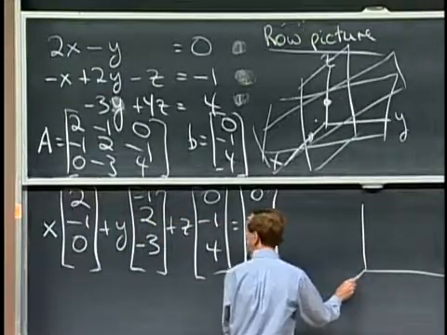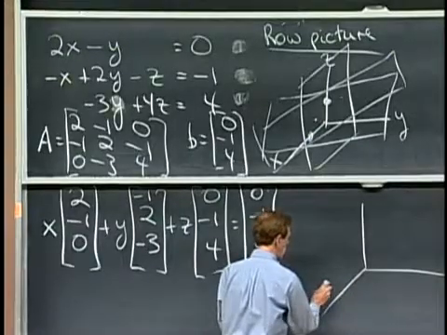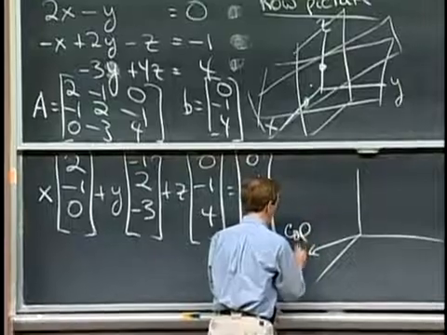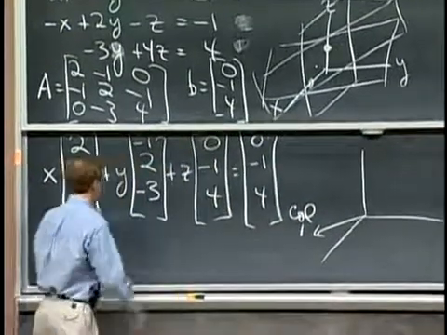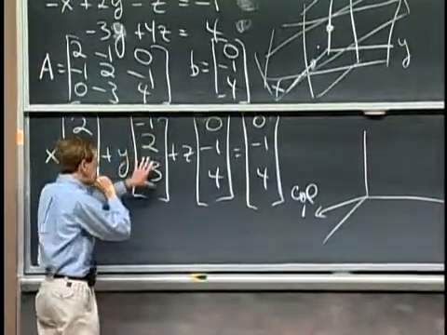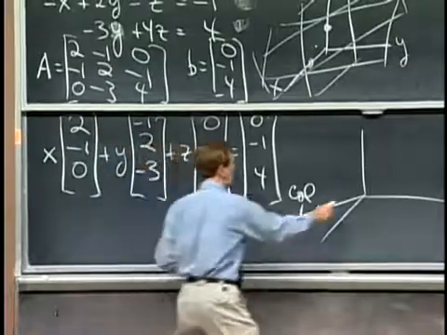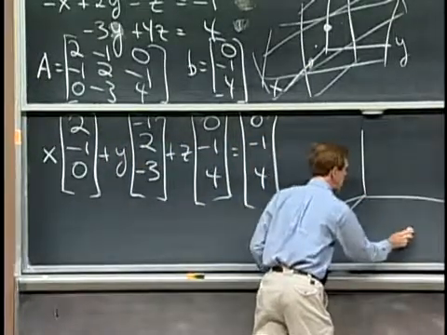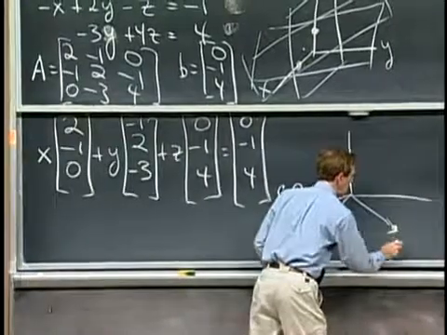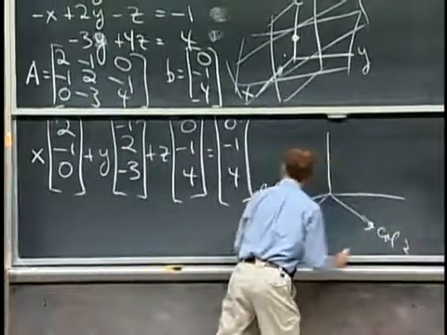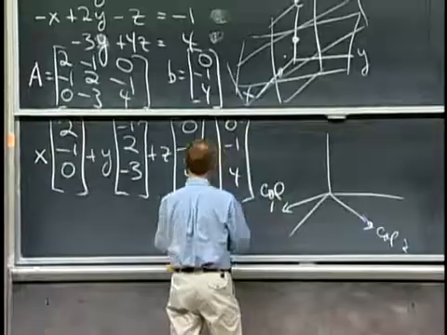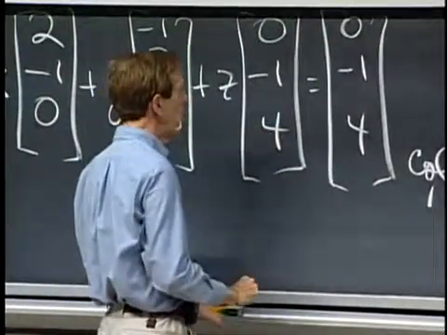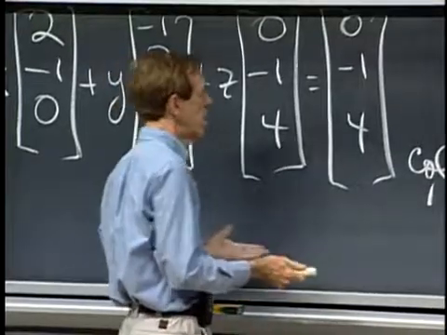So x is 2 and y is minus 1. Maybe there's the first column. The second column has maybe a minus 1 and a 2 in the y's and minus 3's somewhere there possibly, column 2. And the third column has 0, minus 1, 4.